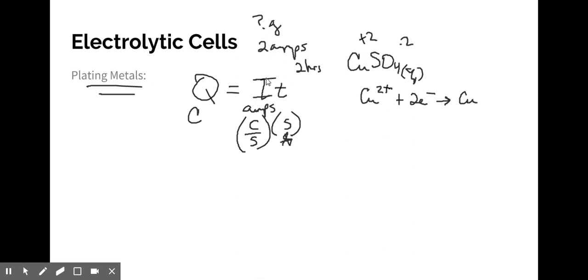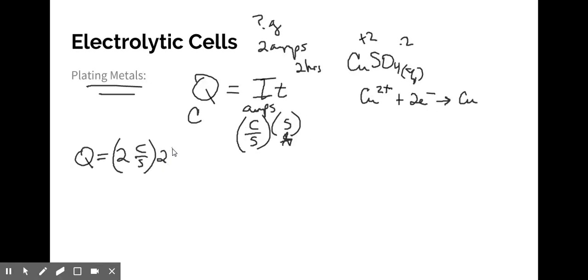The very first thing I have to do is use this current and this time to find Q. So current is in amps, that is 2. So I'm going to write Q equals 2 amps, which is coulombs per second, times time. Time needs to be in seconds, so I have to convert hours to seconds.